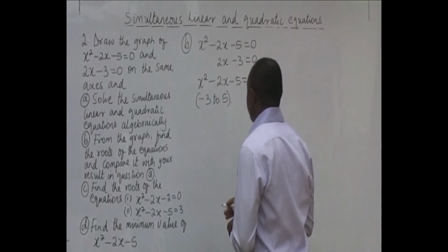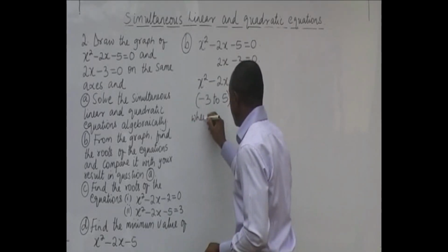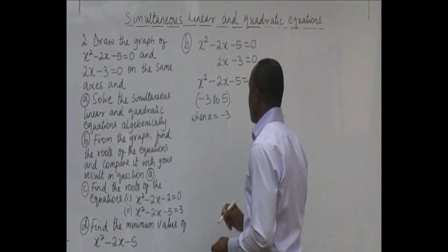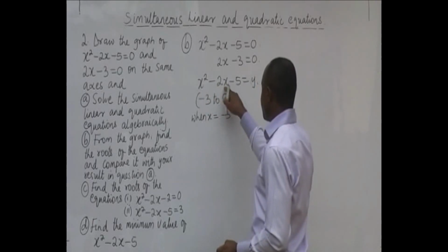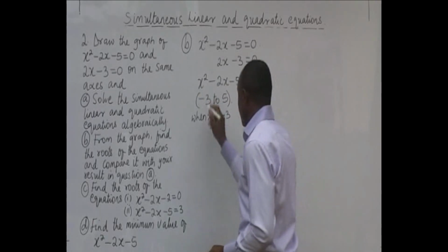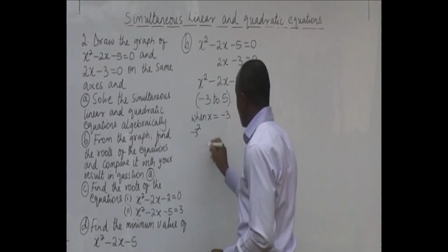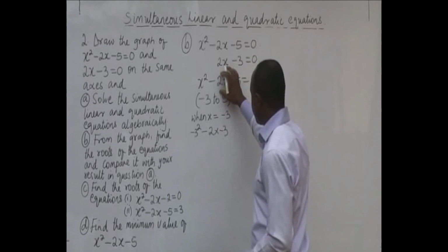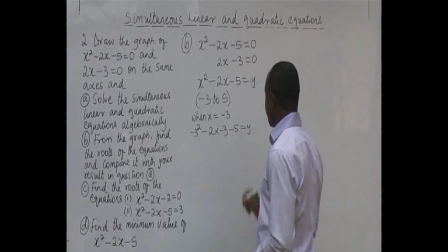So we now start from when x is equal to minus 3. Begin to substitute minus 3 for x in the equation. We are now going to have minus 3 squared minus 2 times minus 3 minus 5 will now be equal to y.